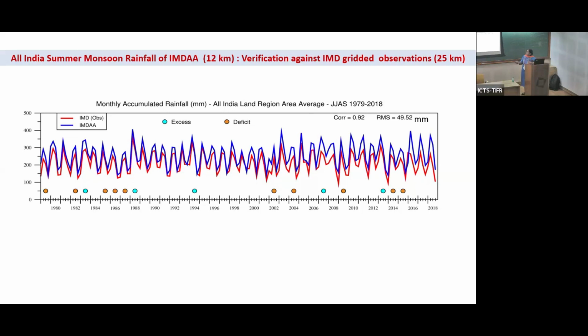So this long-term reanalysis you can use for your studies. In general it matches the available low resolution observations, it is able to represent all the monsoon and winter features, and it is able to predict the excess and deficit monsoon also.